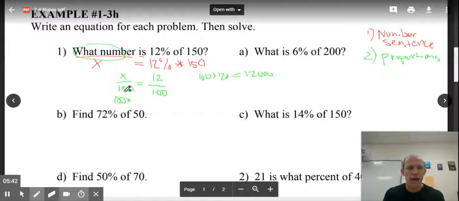And then I need 50 times 12. Oops, that was one extra zero. That would be 600. So I have 1,200 plus 600, which would be 1,800.